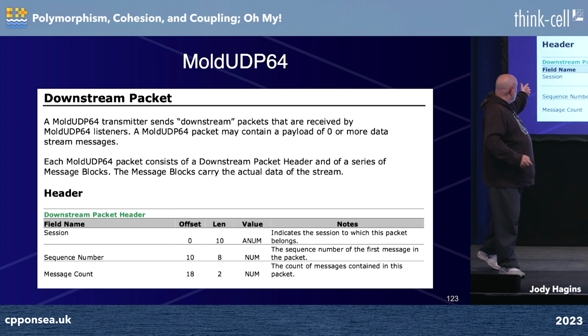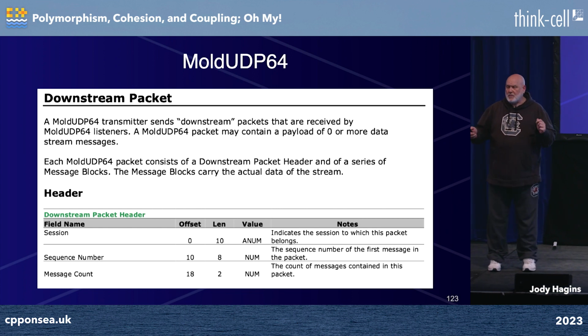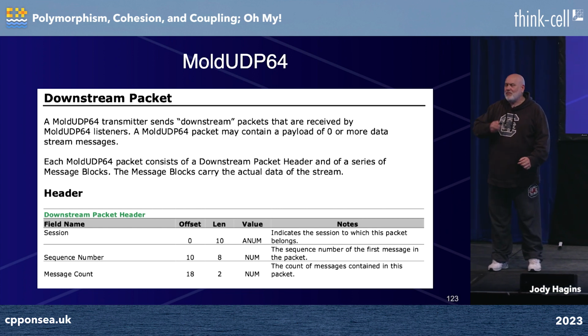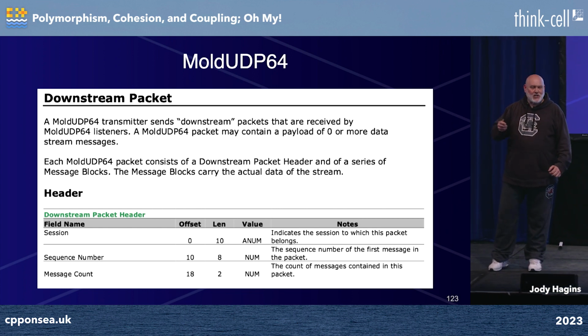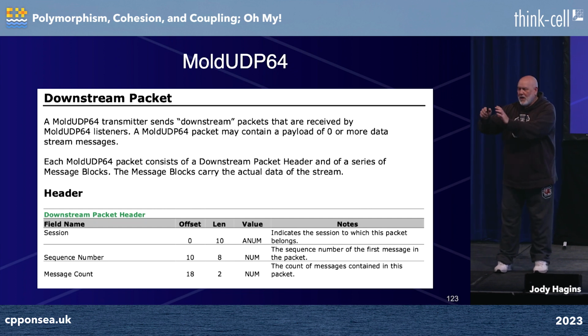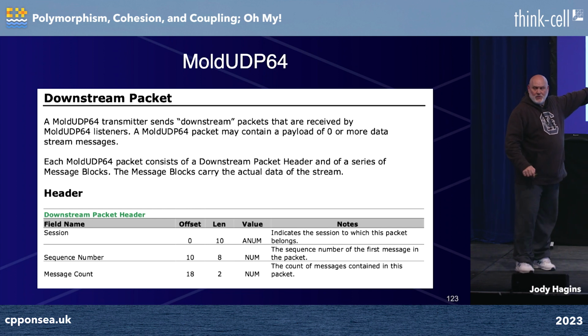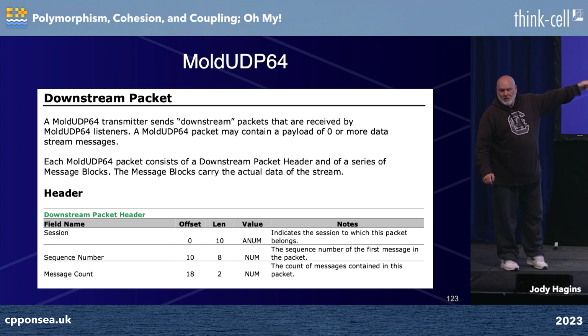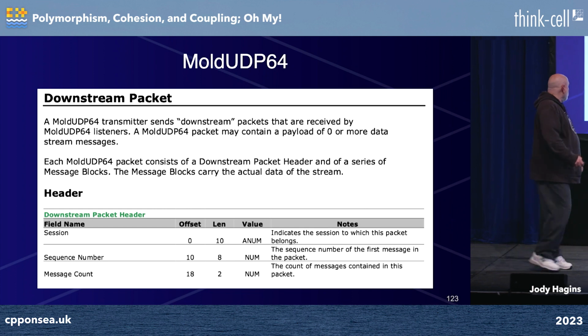And then it has a session. The reason it has a session is because it identifies what all messages go along in the same session, and these sequence numbers are dependent upon the session, right? So you could have sequence number 42 in session 1 and sequence number 42 in session 2, and they're completely different, okay?